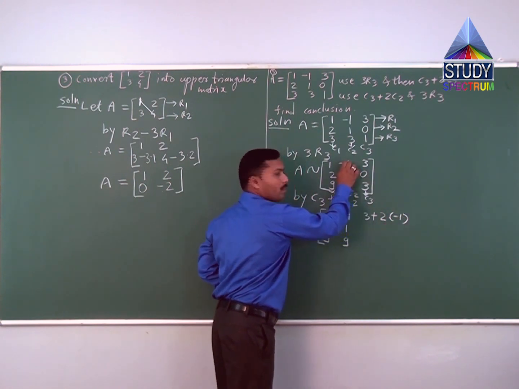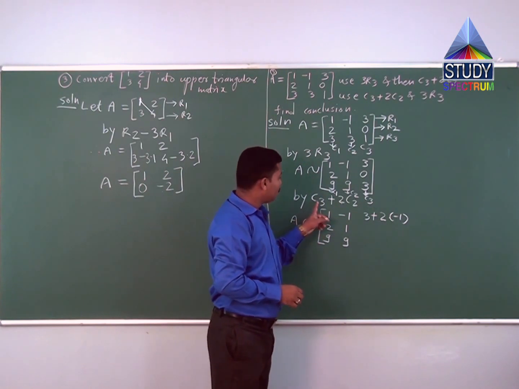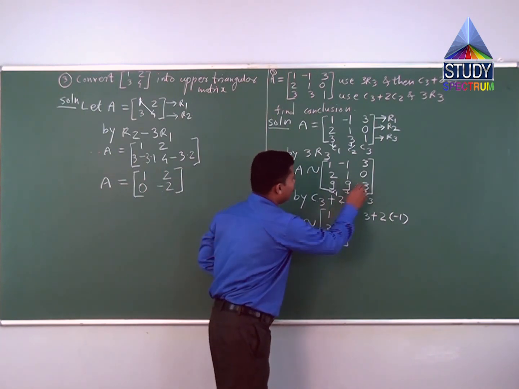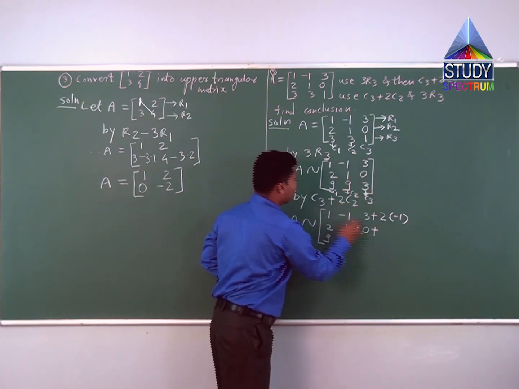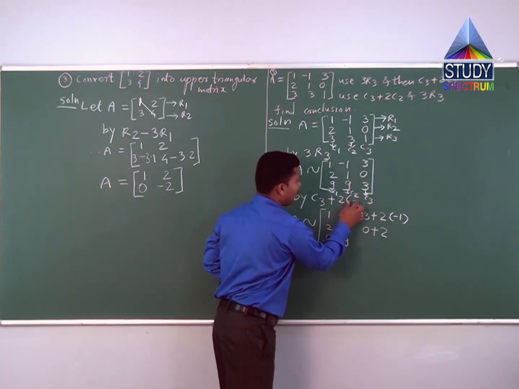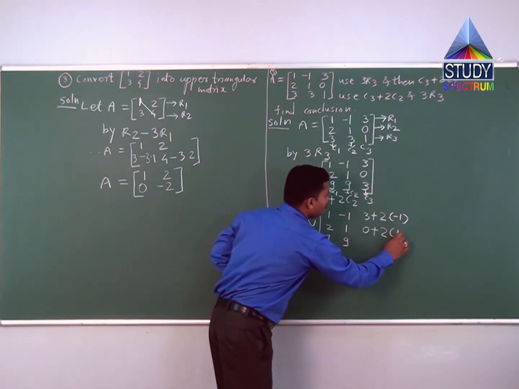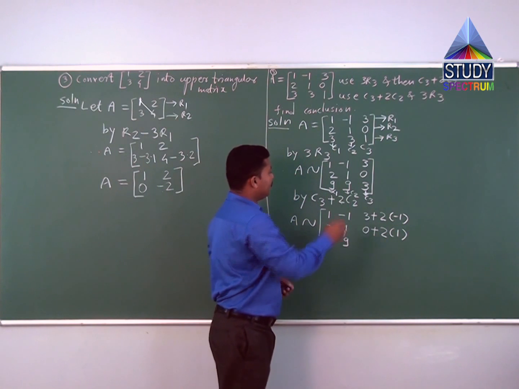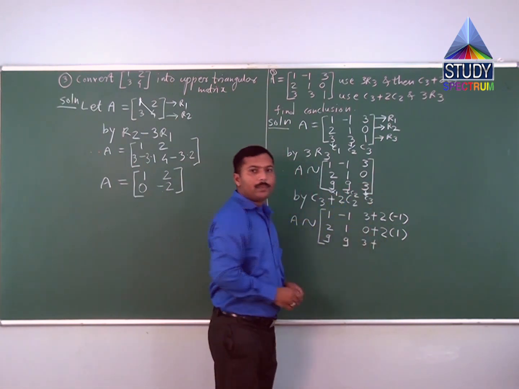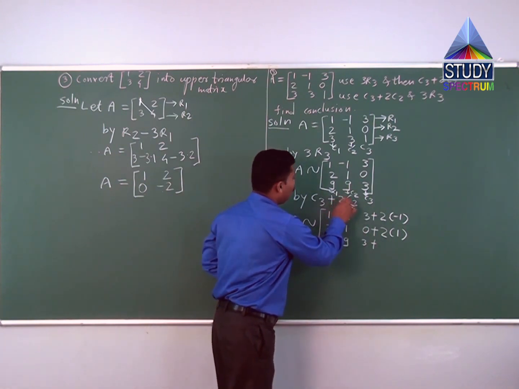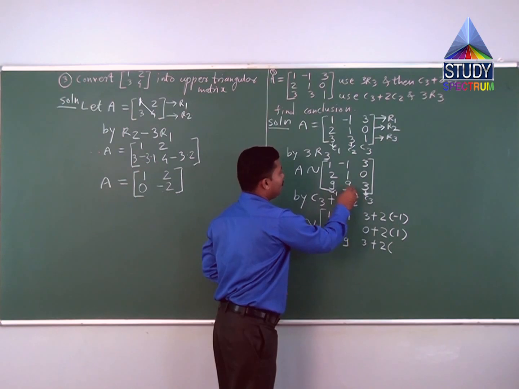This is the first number of the second column, 3 is the first number of the third column. Same, 0 plus 2 as it is, and C2 means the corresponding number 1. Again the same, C3 is 3 plus 2 into the corresponding number of C2, which is 9.